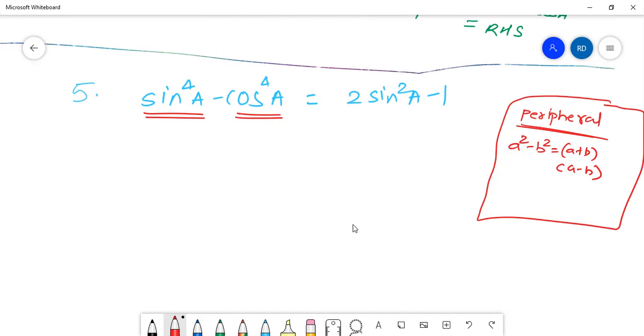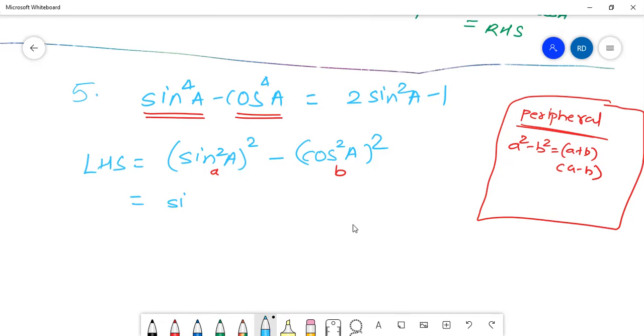So I'll just write LHS. LHS is equal to sine square A whole square minus cos square A whole square. So here this is our a and this is our b. So let's convert this.